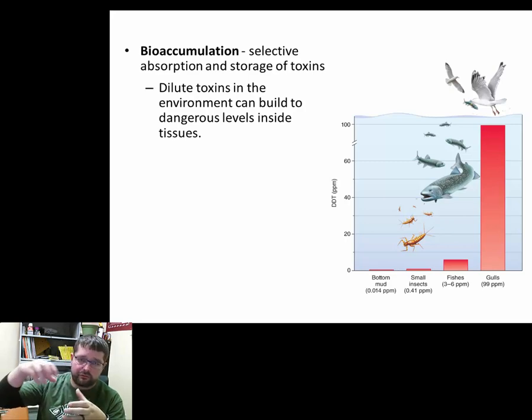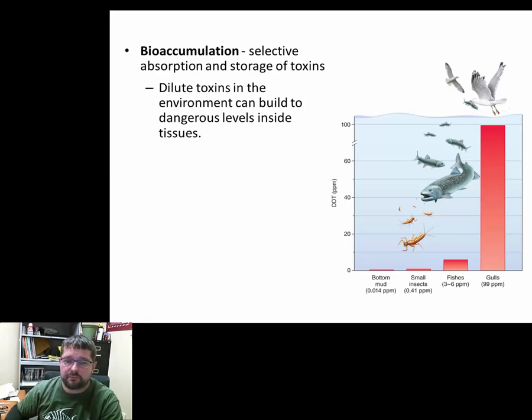And it accumulates from small organisms to large organisms, and the effects accumulate on that. So for example, let's say we have a toxin like DDT, which used to be used as an insecticide on fields.